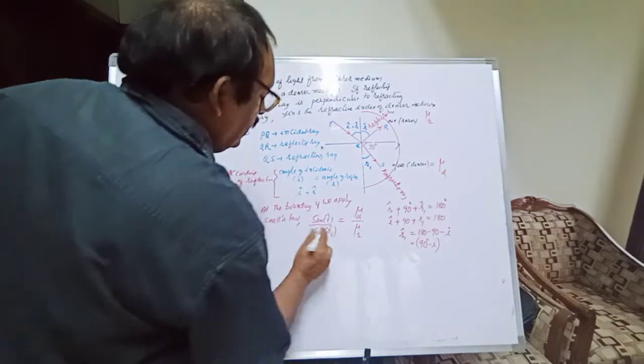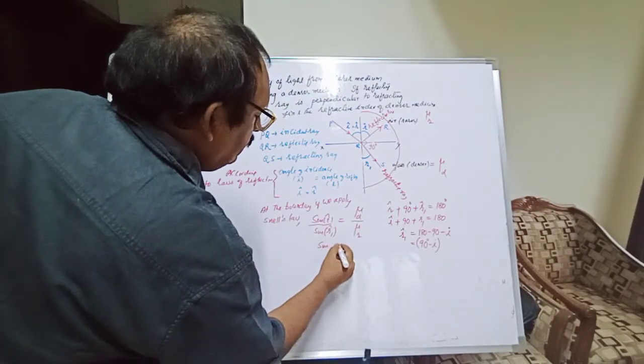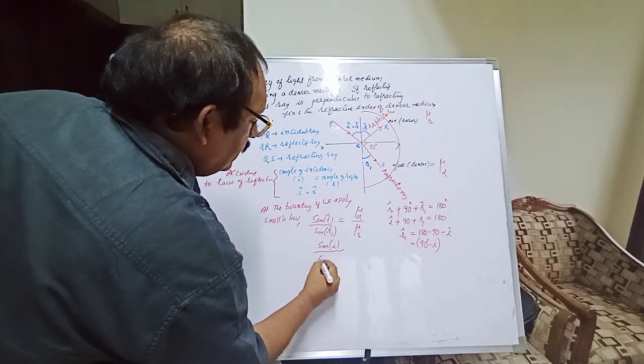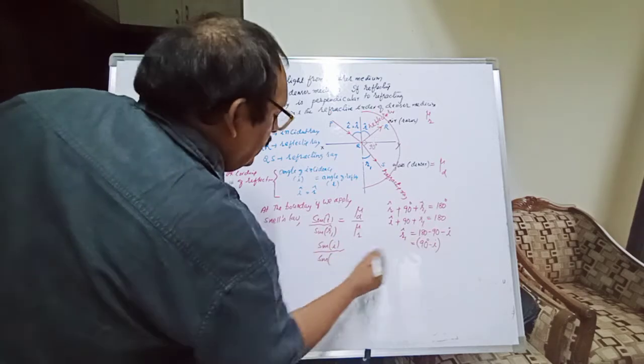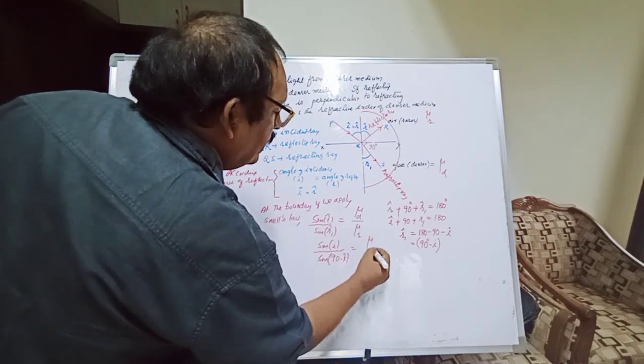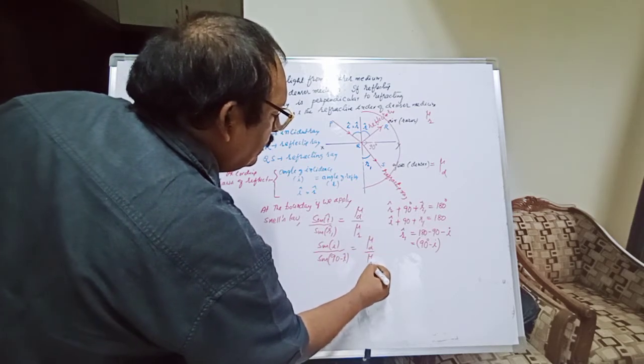So let us substitute here. Sin I by sin R1, that is sin(90 minus I), should be equal to the refractive index of the denser medium with respect to the rarer medium.